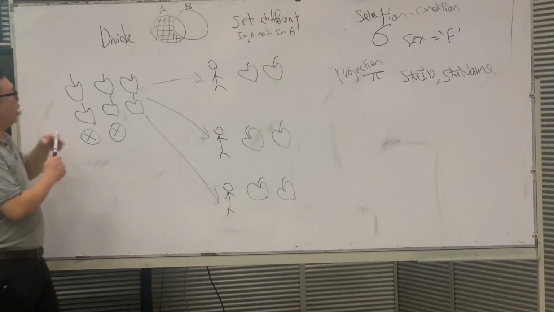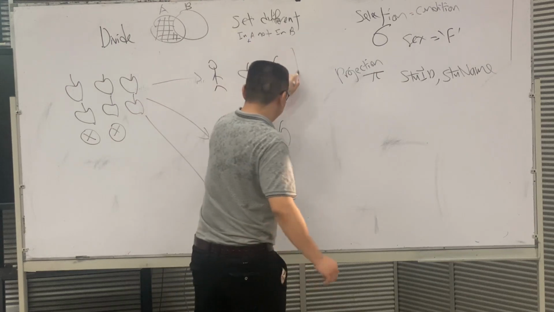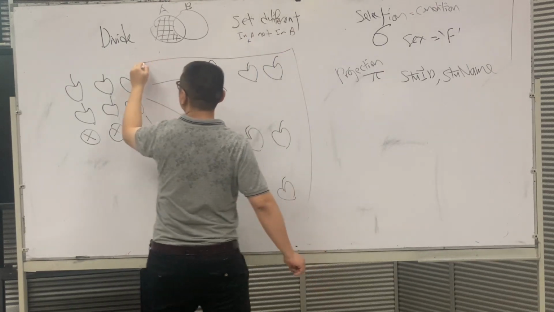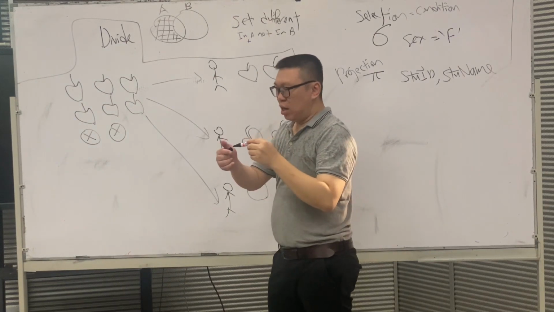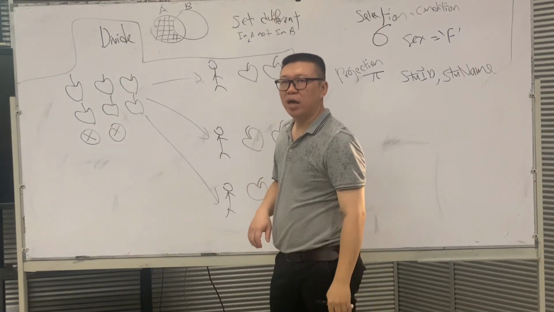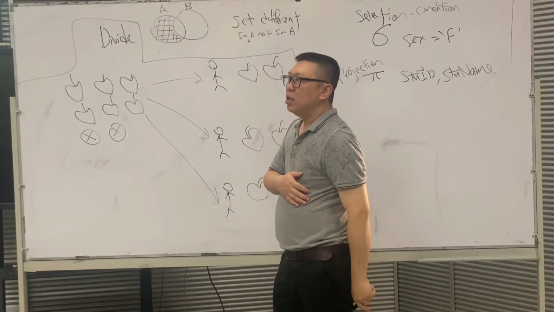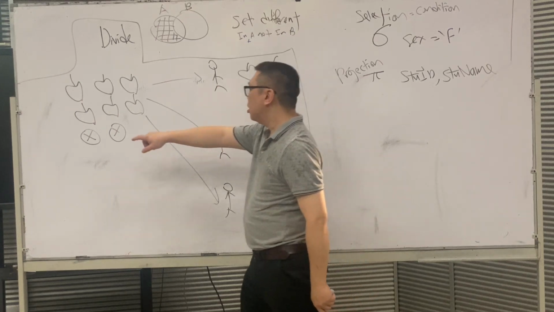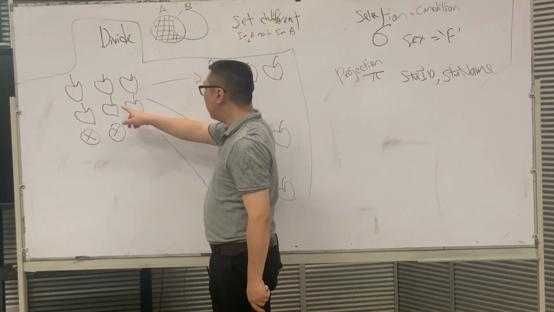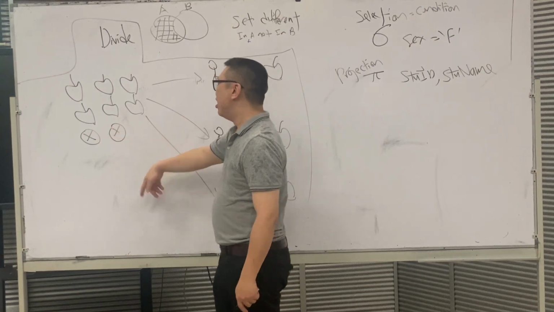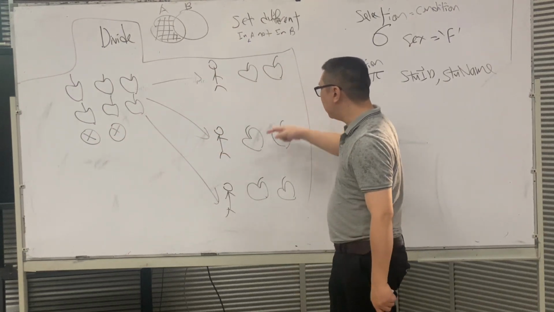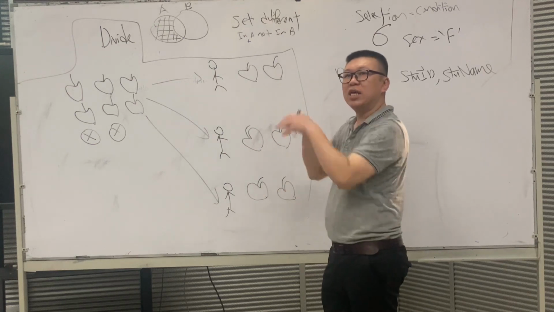Division, or divide, means the concept must be equally distributed. Equally distributed means here we have 6 apples and 2 oranges. When you want to divide, each person can get 2 apples equally.